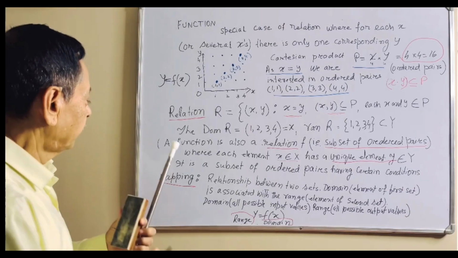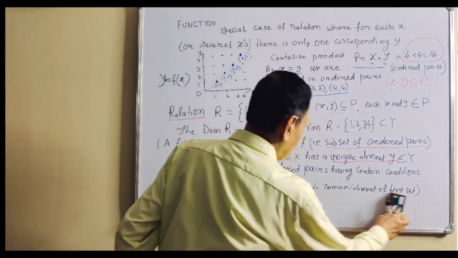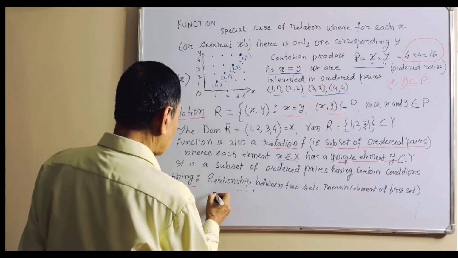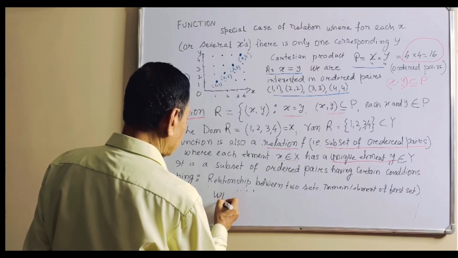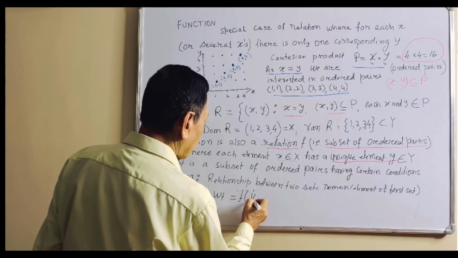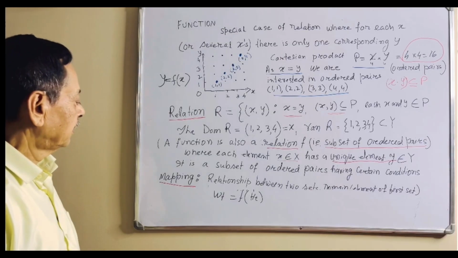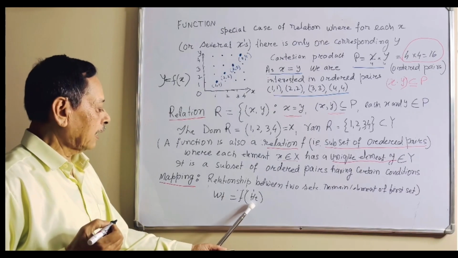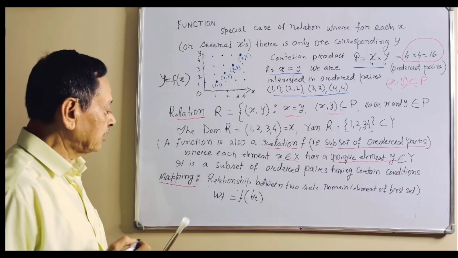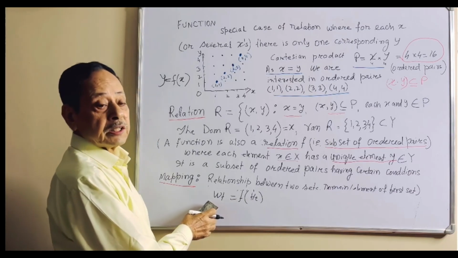Suppose weight of a person is a function of height. So when height increases, there is a positive relationship. We assume that when height is increased, then weight also increases.